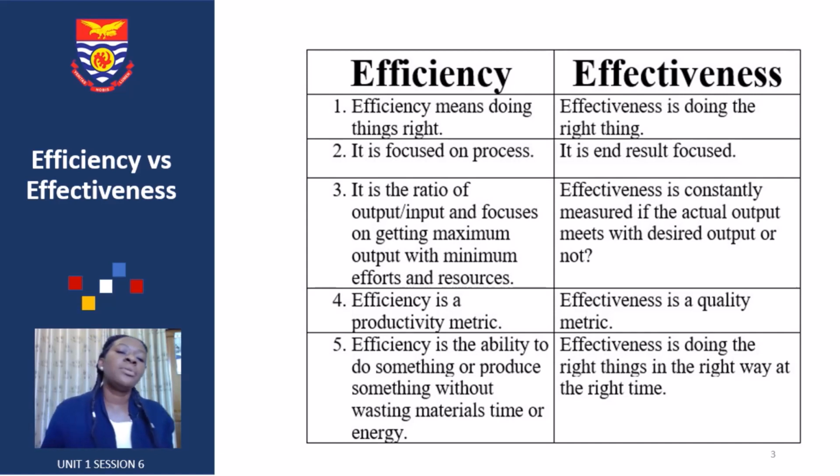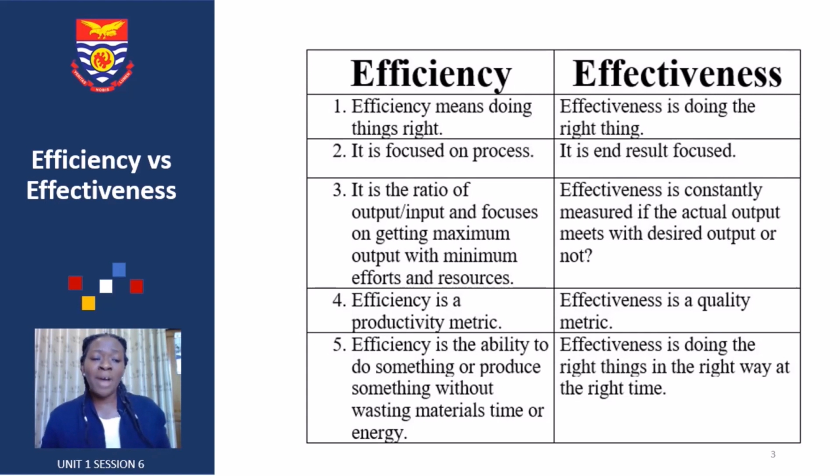So when it comes to some differences between efficiency and effectiveness, one is that efficiency deals with doing things right. So at the end of the day, you want to do things rightly to get good results. But when looking at effectiveness, you're looking at actually doing the right thing.